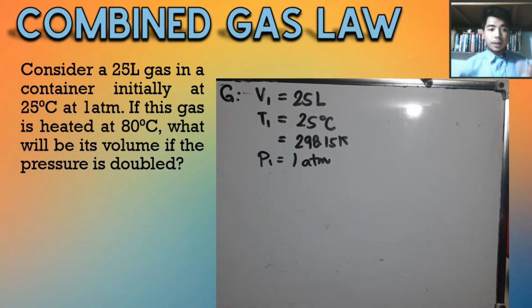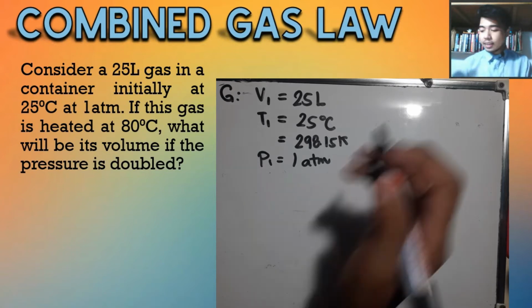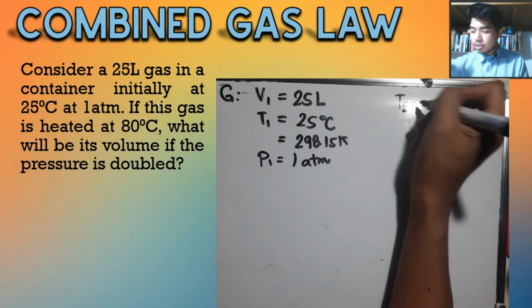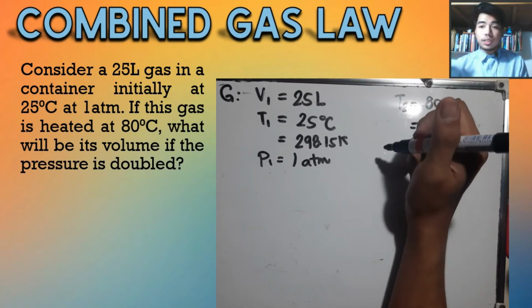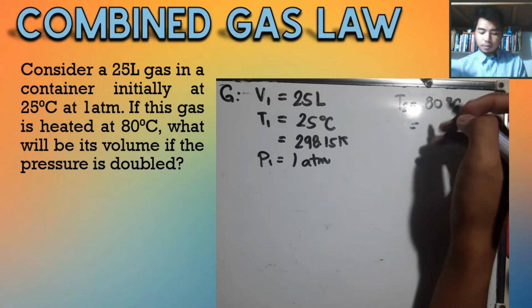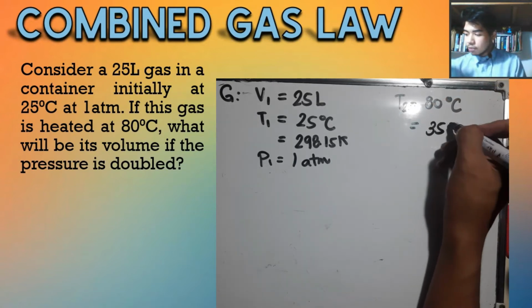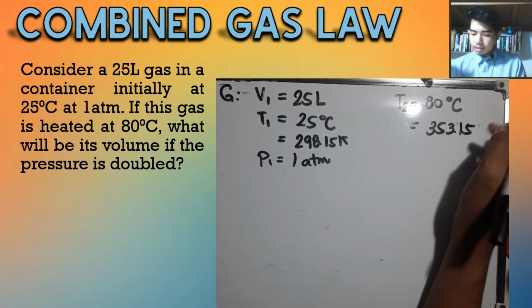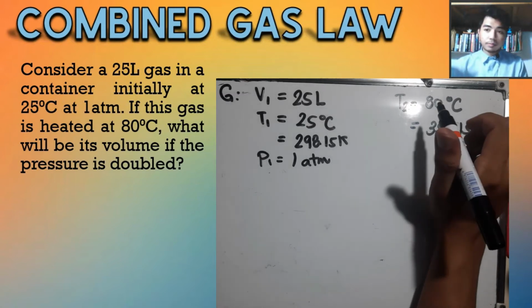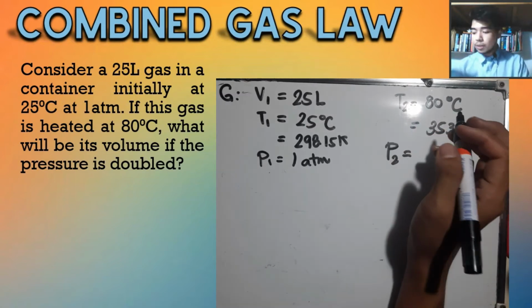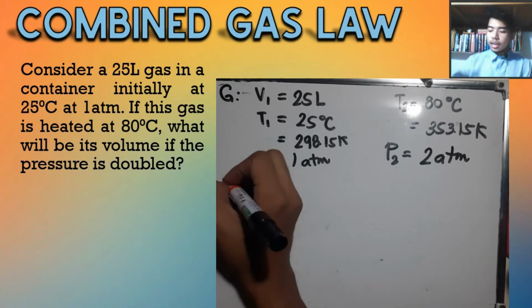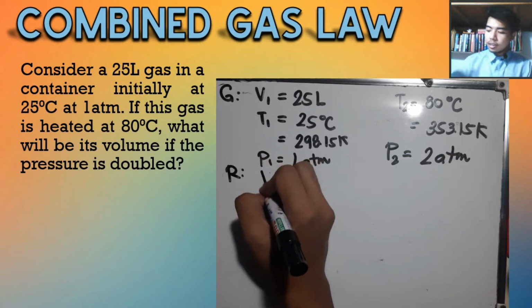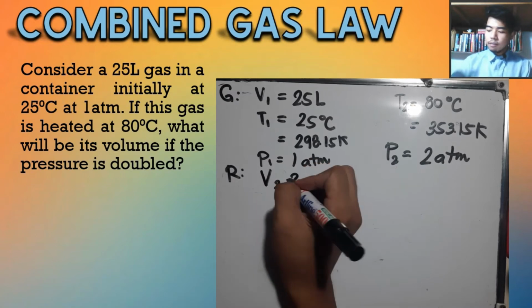If this gas is heated to 80 degrees, it simply means that the final temperature, or T sub 2, is 80 degrees Celsius plus 273.15, which gives us 353.15 Kelvin, and the final pressure is 2 atmospheres. Then, we are looking for the final volume.